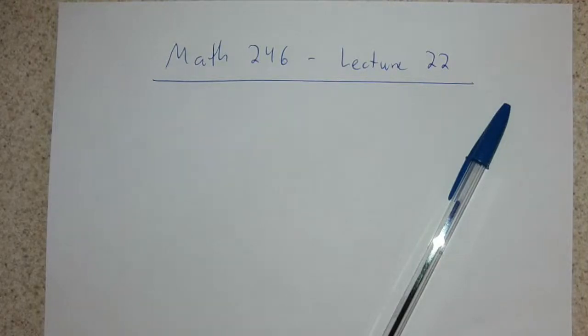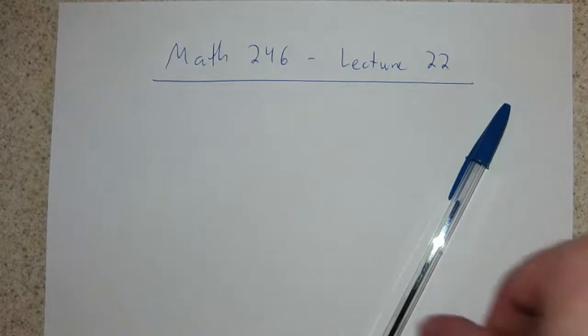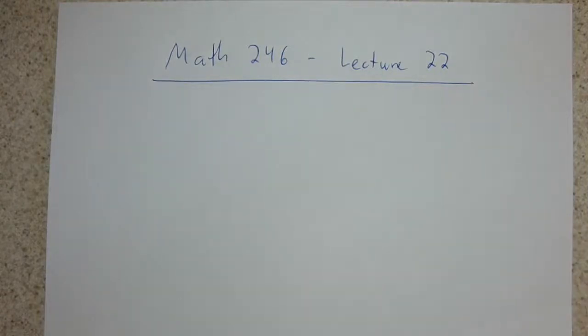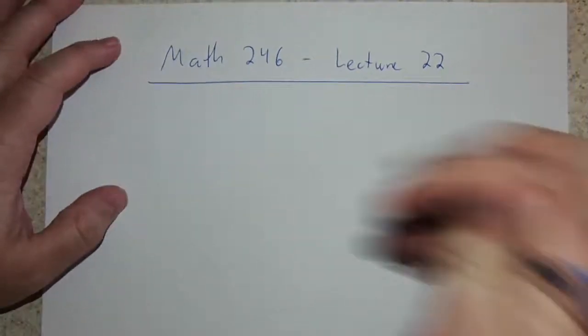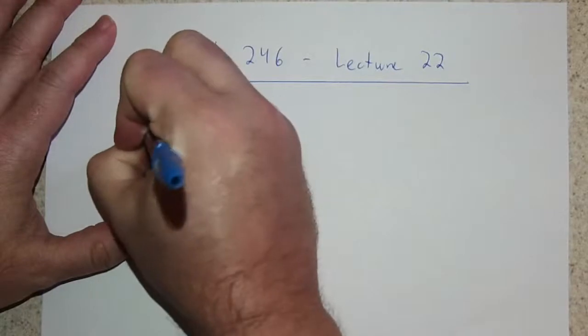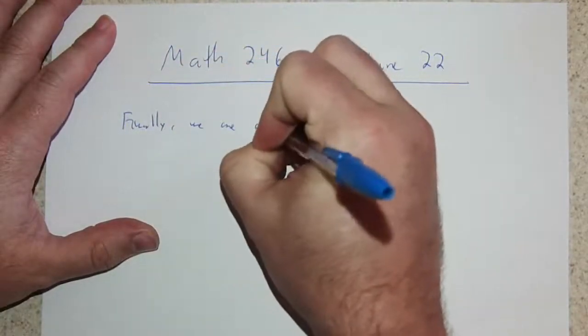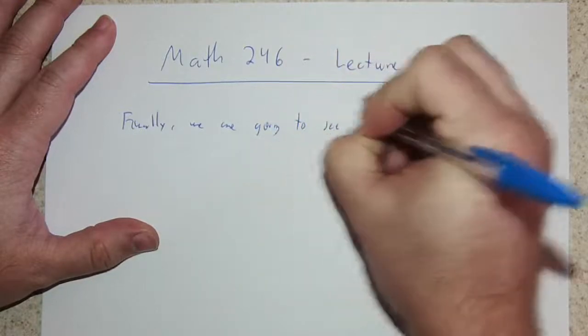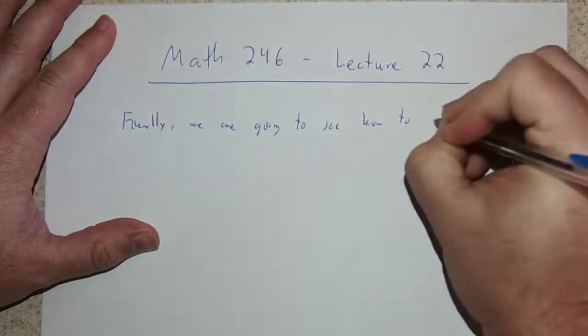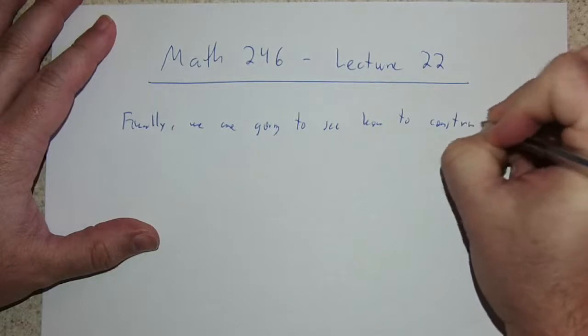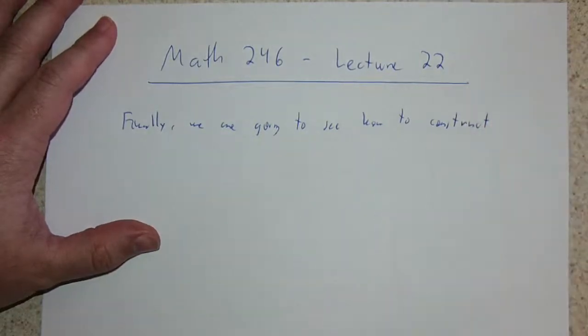So finally, we are going to see how all of this work to come up with these eigenpairs for a given matrix is going to help us. We are going to see how to construct solutions. So we saw how to check solutions before. Now this is actually how to find them.